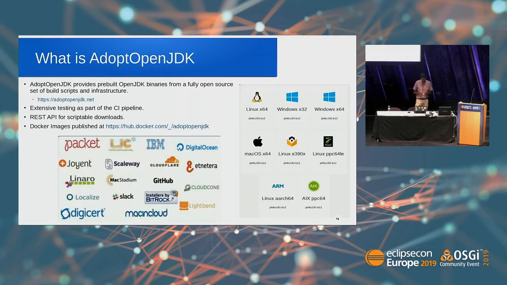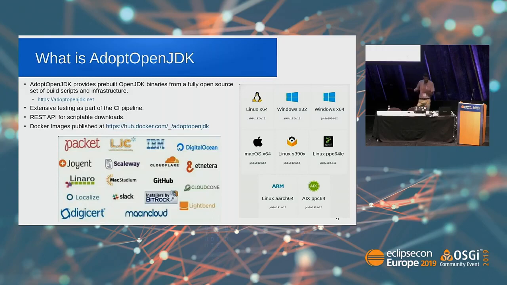So I thought I'll just start with what is Adopt Open JDK. Anybody here already aware of Adopt Open JDK, using the Adopt Open JDK binaries? Okay. So Adopt Open JDK is a community which helps you provide pre-built OpenJDK binaries, and it consists of the build scripts and the infrastructure, where we pull from the OpenJDK sources, build from there, and do a lot of testing.